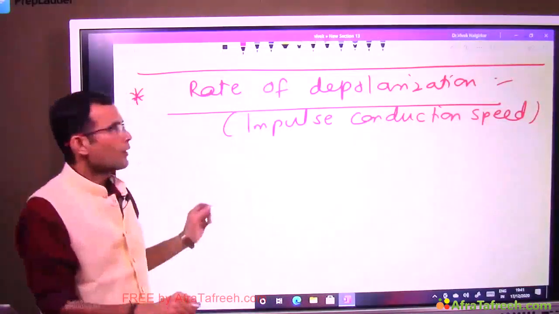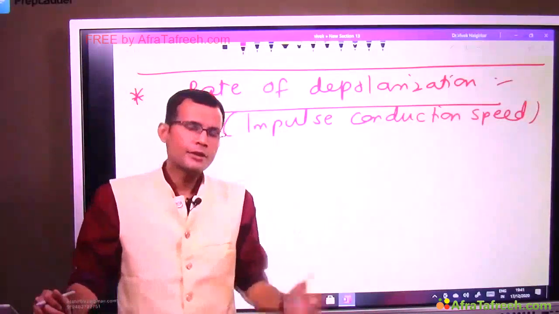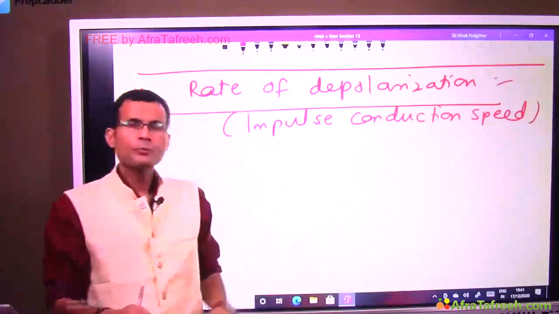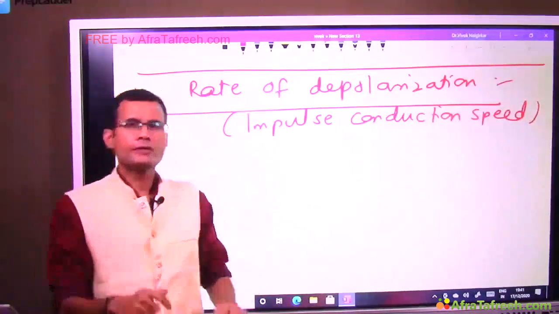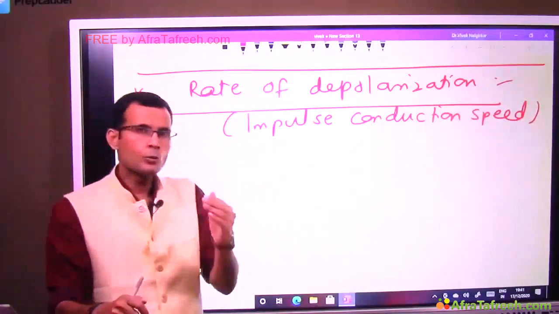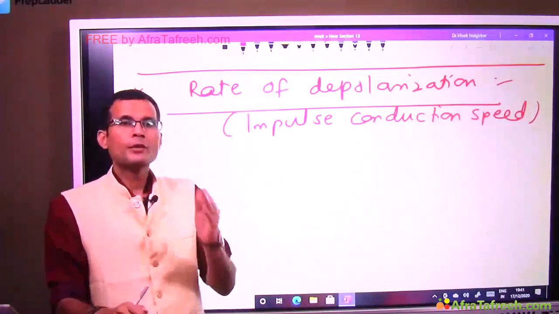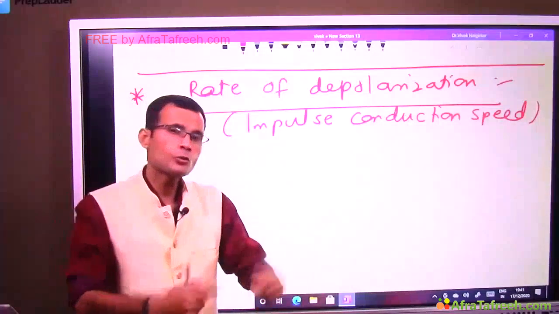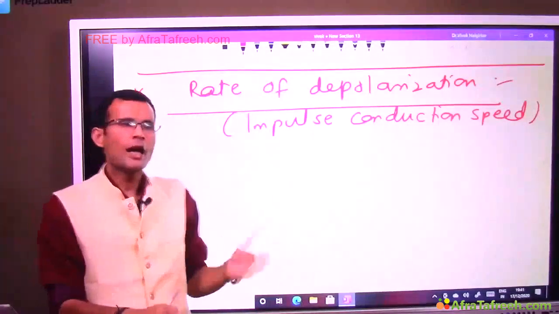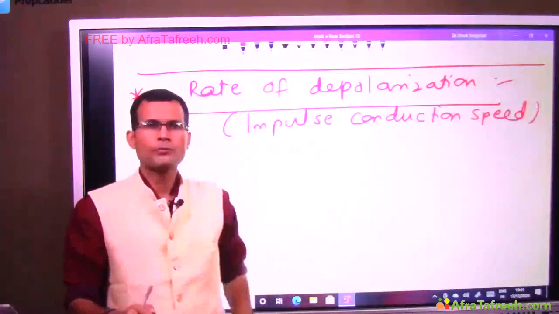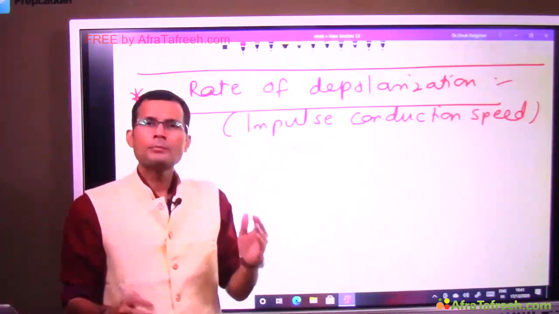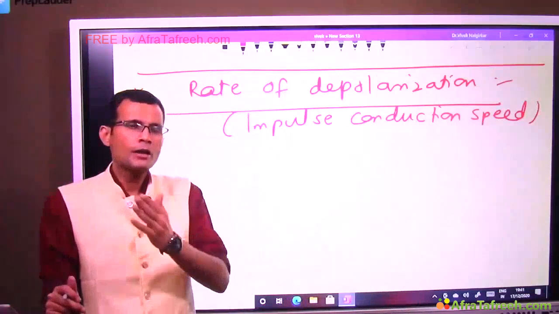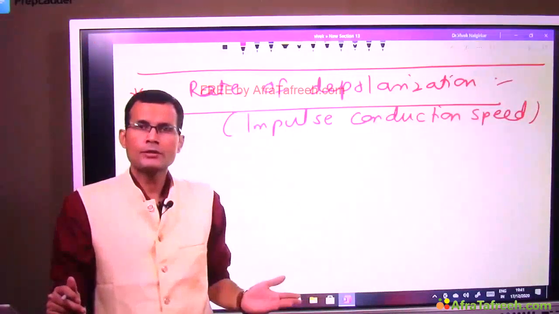Okay, imagine SA node and AV node. All cells in these two are slowly depolarizing cells. If each cell is slowly depolarizing, that means the impulse will go through these parts slowly, because the ionic movement itself is slow. And in the Purkinje fiber, all cells are rapidly depolarizing cells.